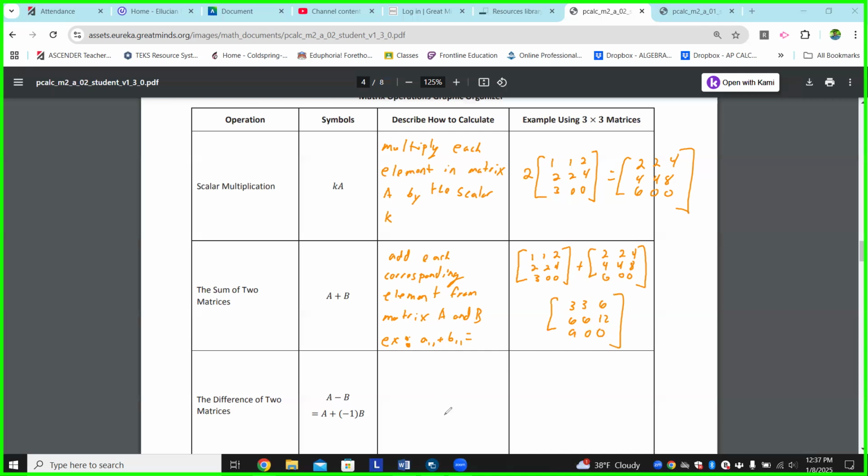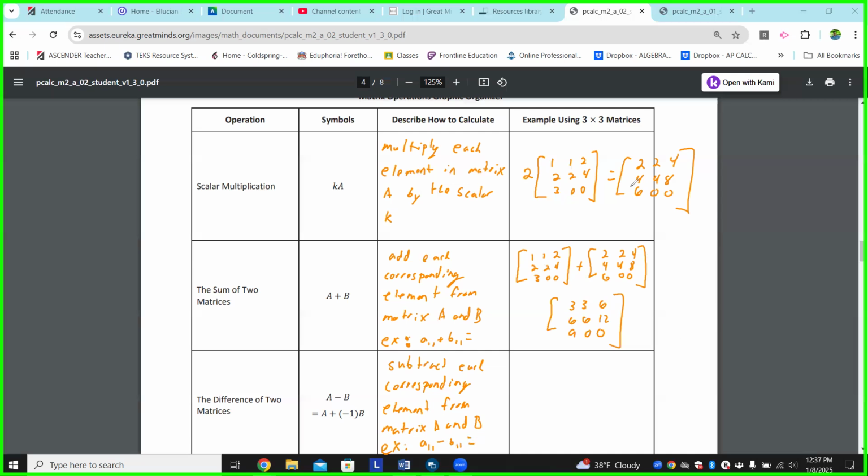Perfect. All right, this last one was subtraction. I know we didn't do an actual subtraction problem, but it'd be the same thing as adding. You would literally just subtract each corresponding element from matrix A and B. For example, you would take element A11 and subtract it from element B11 to get your new element.